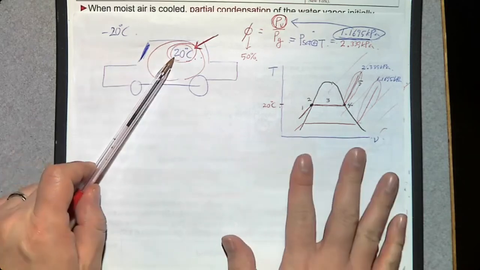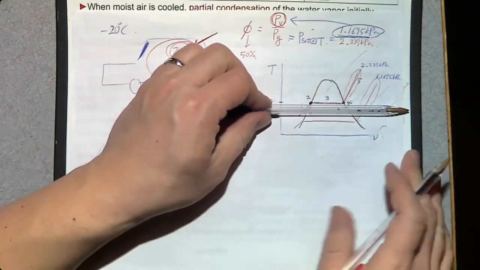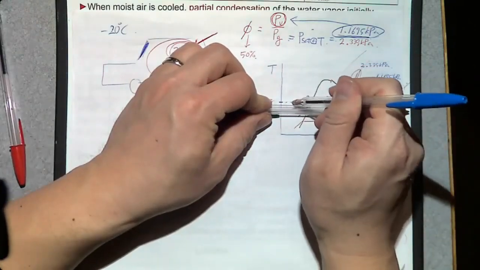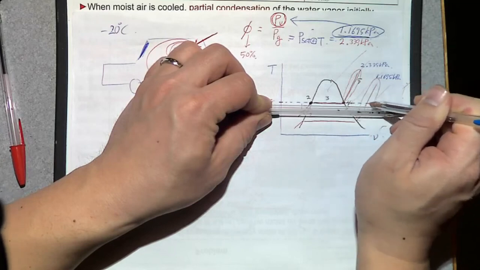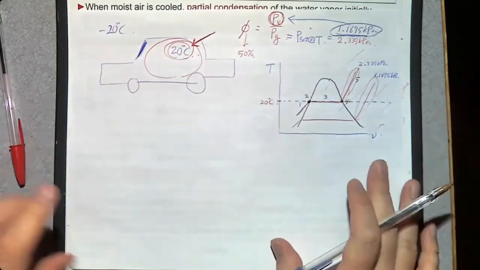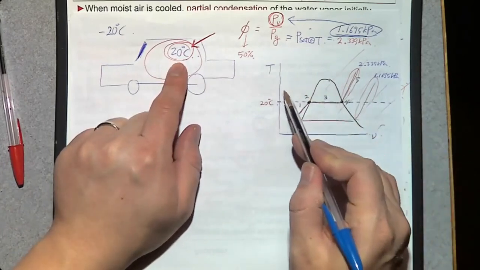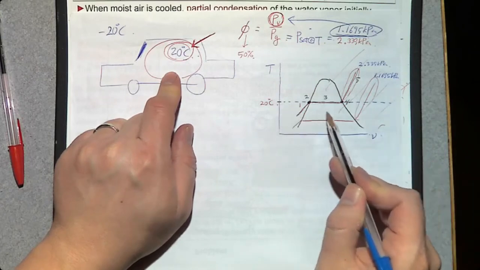Presently, the temperature inside the cabin is 20 degrees Celsius. That means our system is supposed to be somewhere on this line because temperature is 20. If our system is at 30 degrees Celsius, we are supposed to be somewhere here. If it is 10 degrees Celsius, somewhere down here.